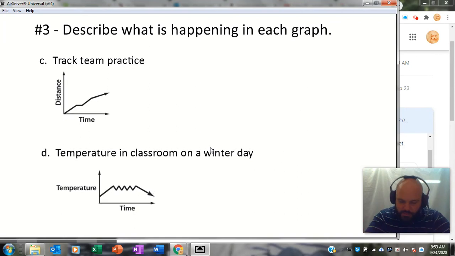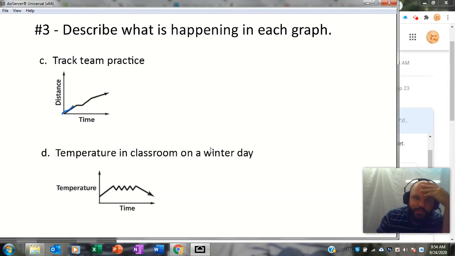Now, these are very similar to the last ones we just did. This is a track team practice. So it says describe what is happening in each graph. I'm going to try to trace this as best I can. At first, this is time going by, which is down here, and the distance that you've actually completed. So at first you start out team practice, you're running, right?